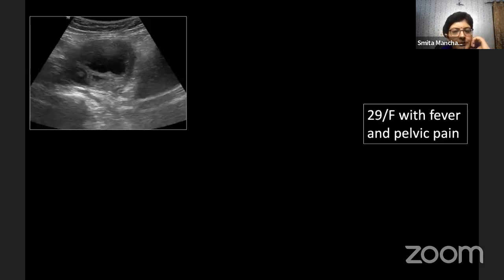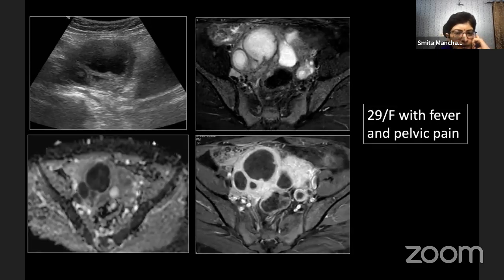29-year-old female with fever and pelvic pain. So now think. So this is the ultrasound image, a cystic mass with thick walls. Here are the MR images, T2, post-contrast T1, and the ADC map. So on the right side, you can see a multilocular cystic lesion with thick enhancing walls.